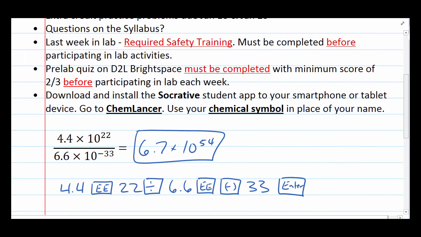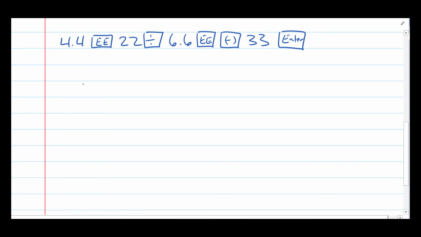And again, those measurements were 15.23 centimeters and 10.21 centimeters.